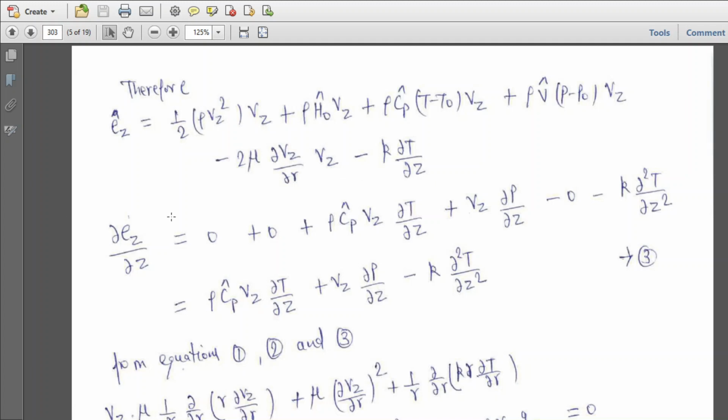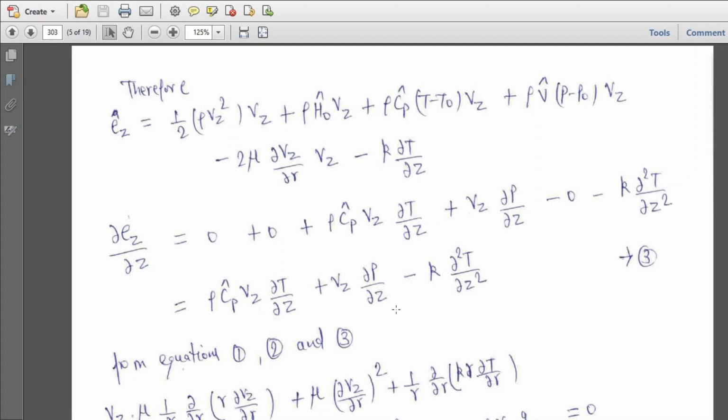You can differentiate this, del Ez upon del Z. If you differentiate that, because this Vz is not a function of Z for fully developed flow, this term would be 0. This term would also be 0. Here there is the del T upon del Z term, and again del P upon del Z, and again this term is 0 here because del Vz upon del Z is equal to 0.